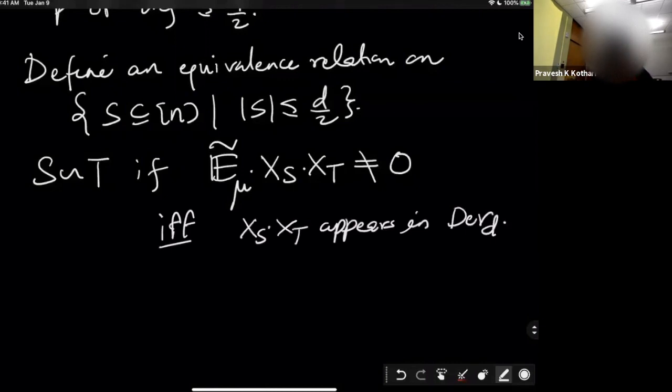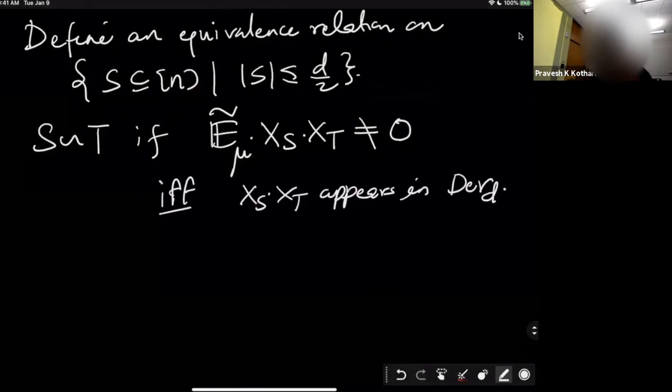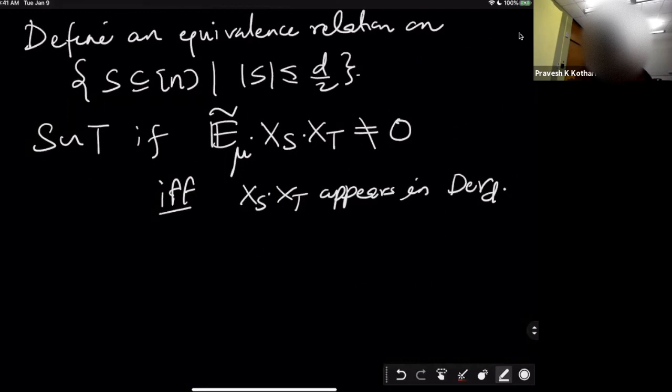Okay. So why is this an equivalence relation? This is simple, but let's make sure we are not fooling ourselves, because there was an issue with the definition earlier, and we spent a lot of time to make sure that the definition was reasonable. So what do you need to check? Well, you need to check reflexivity and transitivity. So S must be related to S. Why is this true?